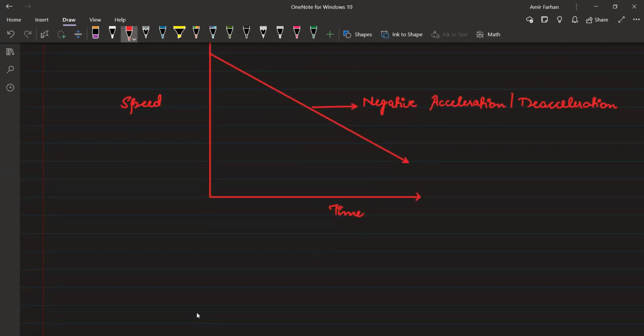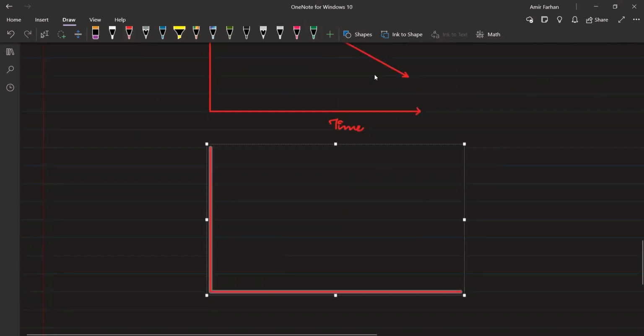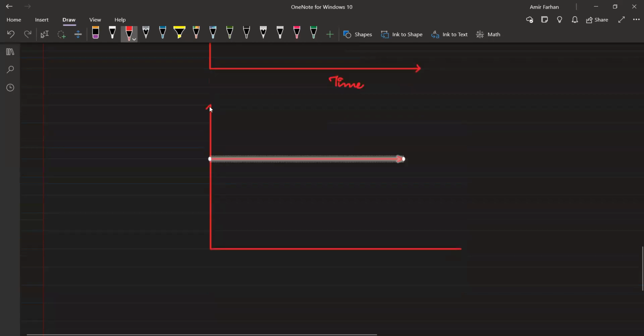Next thing that we have is, suppose there is no change in the speed. So the graph is a straight line that is parallel to the x-axis. This is time, this is speed.